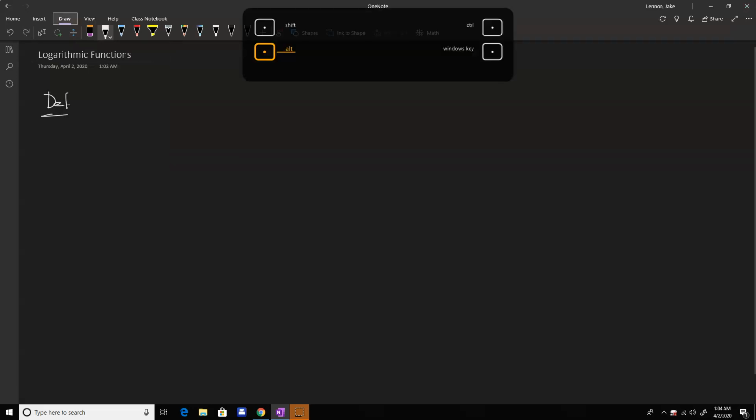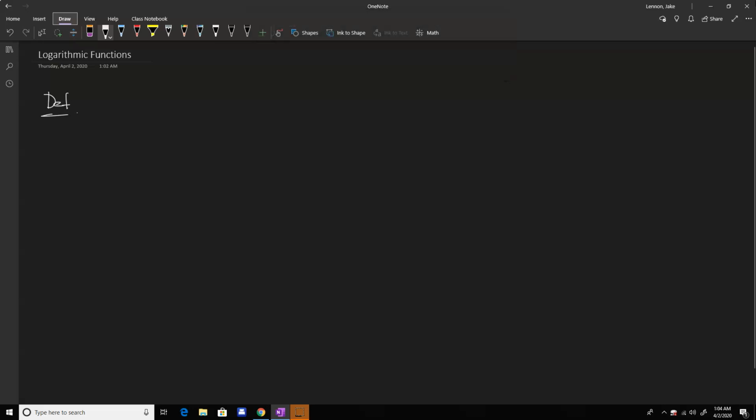Definition. So we have to start with some b value, which is going to be a base.